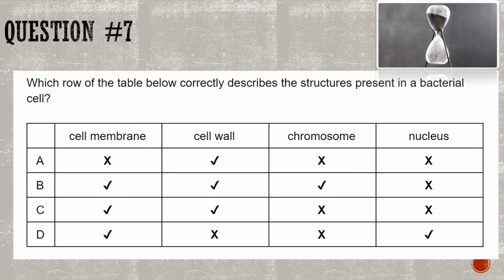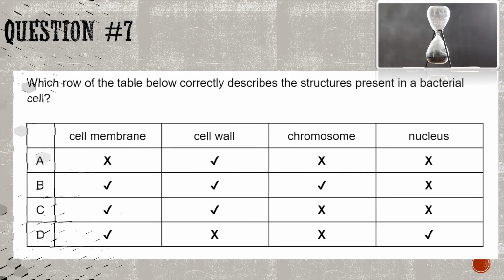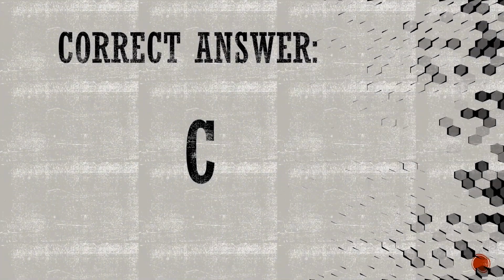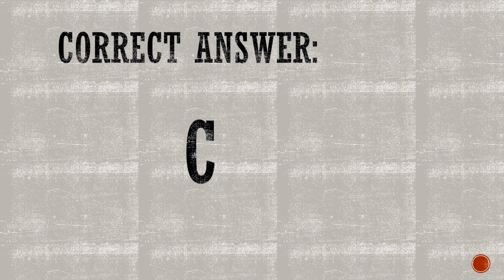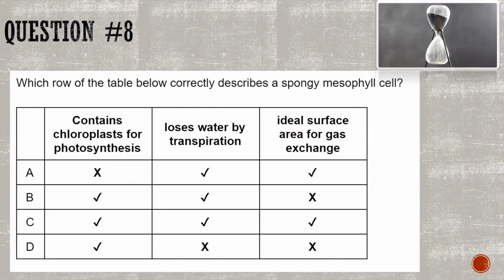Question 7. Which row of the table below correctly describes the structures present in a bacterial cell? And the correct answer is C. Question 8.